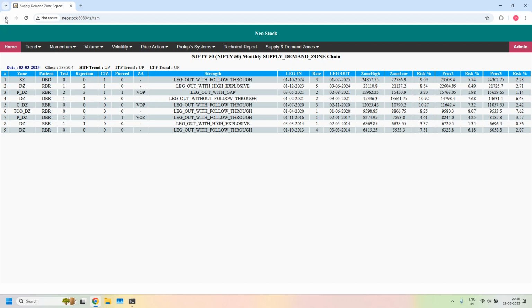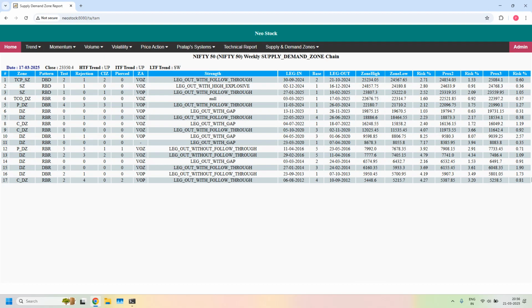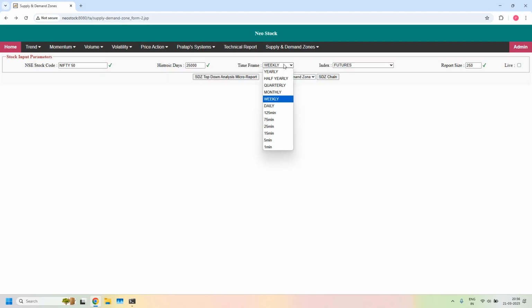Okay. Next, weekly supply demand zone chain for NIFTY. Next, daily supply demand zone chain for NIFTY.